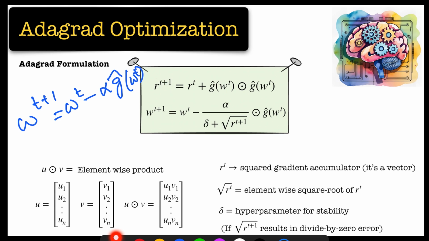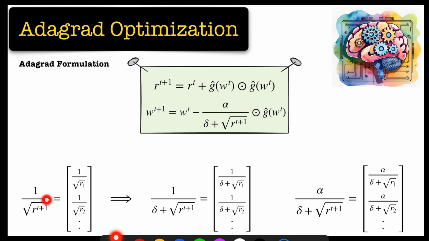In that case, Rt+1 can become 0 anytime, so we'll get a divide-by-zero error. That's why, for stability, we add this delta term. This is one hyperparameter. This is also an element-wise operation. So 1 over the square root of Rt+1 is a vector: 1 over the square root of R1, 1 over the square root of R2, and so on.